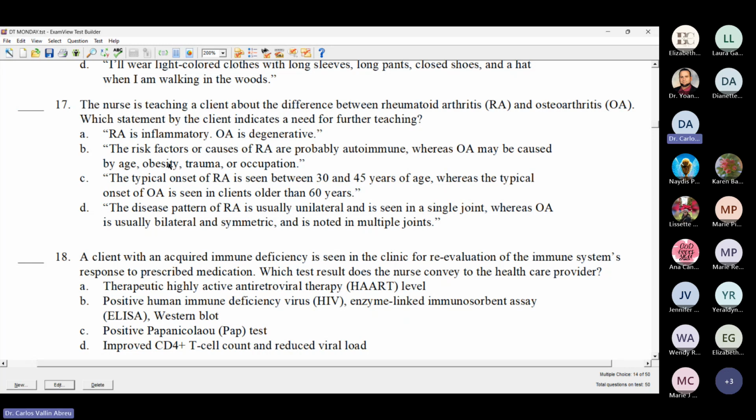Those, by the way, are joints with very complex cartilage that are very susceptible to wear and tear. That's why there are so many clients having hip replacement and knee replacement.